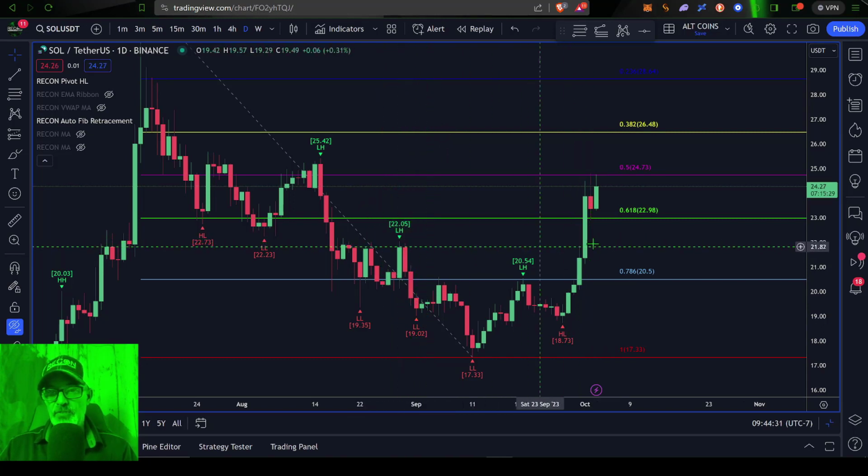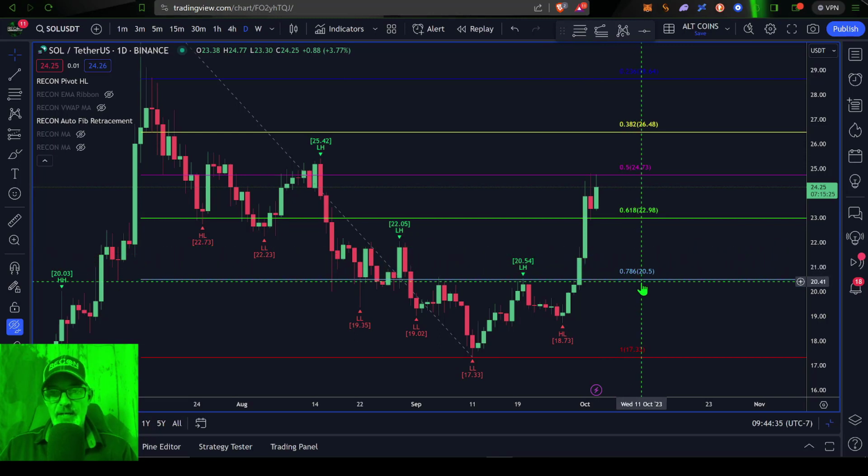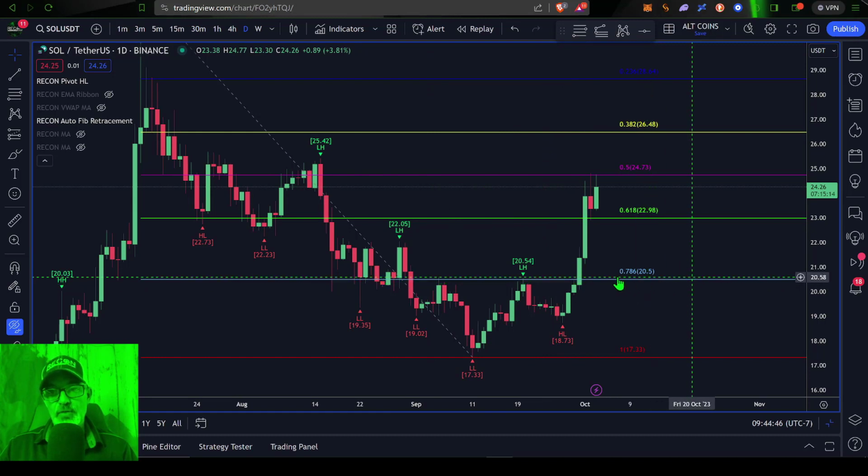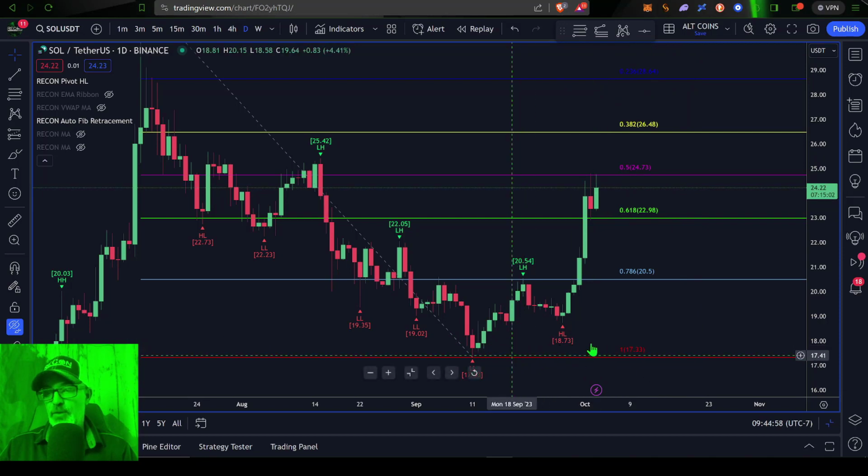However, if the bears are able to get the price down below 22, then more than likely they are headed back down here to 786 or 20.50 or the $20 level, which again was prior resistance. And again, the bulls would be looking for this level to be support. A break through the 786 and SOL's price is more than likely headed all the way back down here to around 17.33.